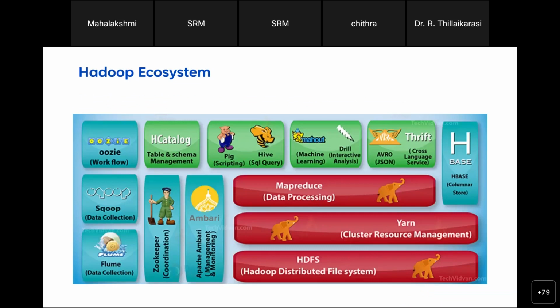Majorly three things are important in this Hadoop ecosystem. One is HDFS, another one is MapReduce, and another one is YARN. As already told you, HDFS is the Hadoop Distributed File System. It stores our data in a distributed manner. For example, if I have 5 MB of data, I'm not going to save my 5 MB of data in a single place.